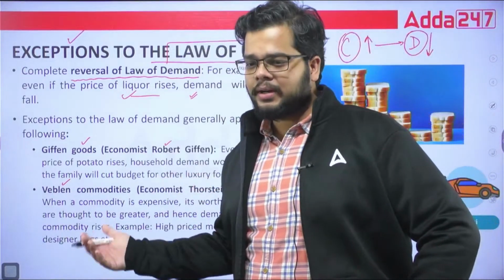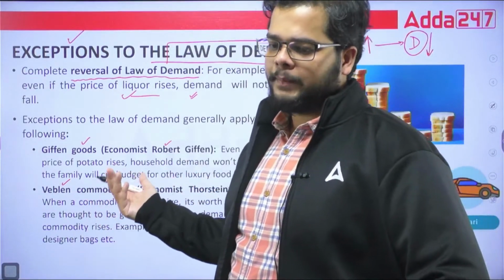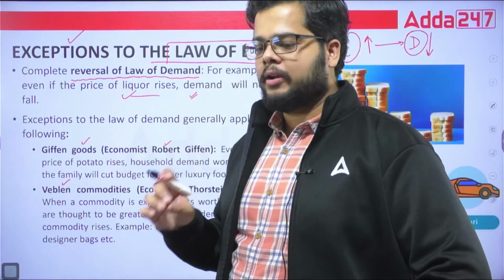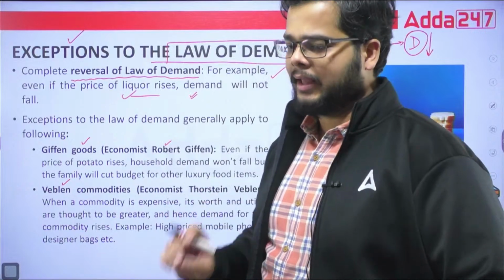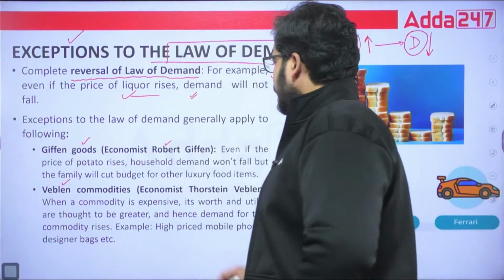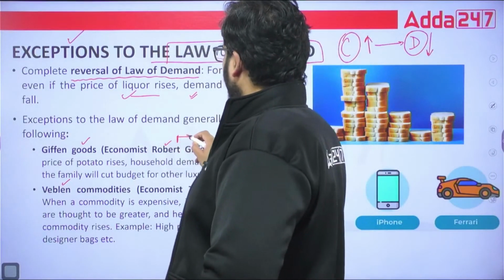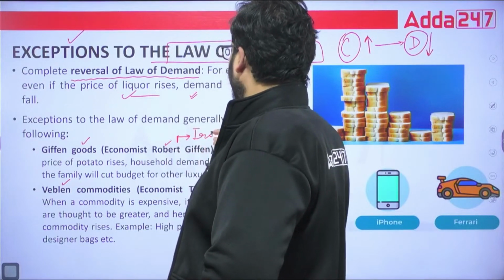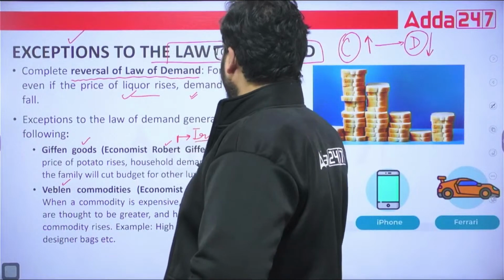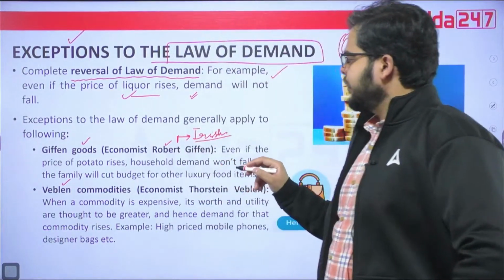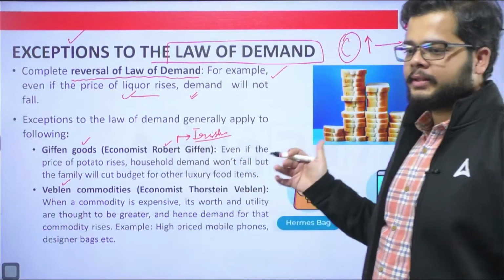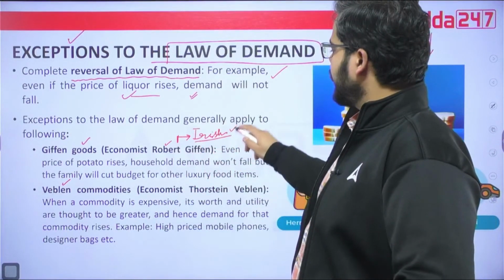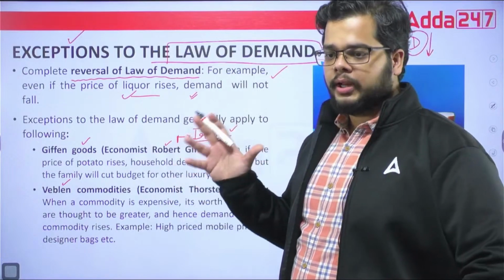Why is it present in every Indian economics book or text? Because when Robert Giffen was in Ireland, there was a bumper consumption of potatoes there. People used to consume potatoes at a huge level.